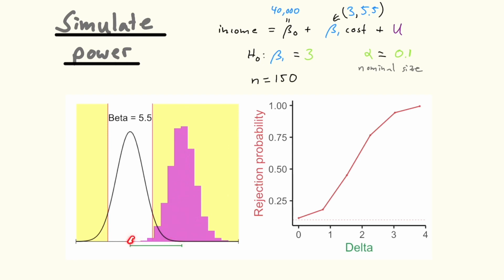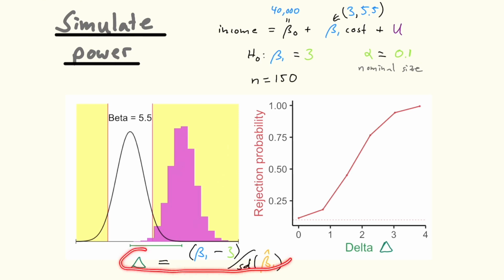Let's call the distance that we have traveled here delta. And this is the same delta as we have on the x-axis of this graph. Delta is equal to the true beta 1 minus the hypothesized value, in our case that's 3, divided by the standard deviation of the OLS estimator.